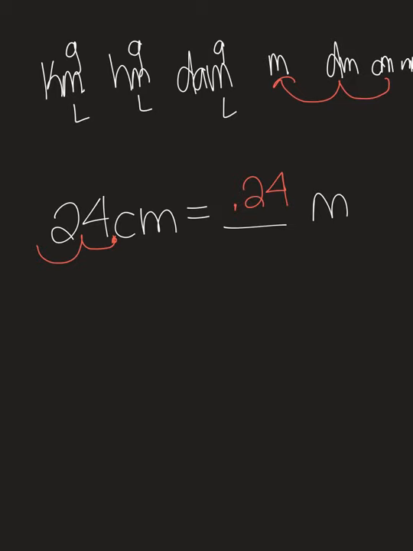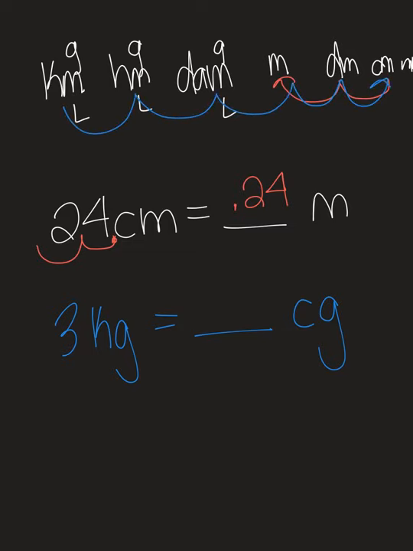Okay, let's do that again. I can do the same thing. Let's say it's grams, and I say I have 3 kilograms. How many centigrams is that going to be? So if you go down this time, right, 1, 2, 3, 4, 5.